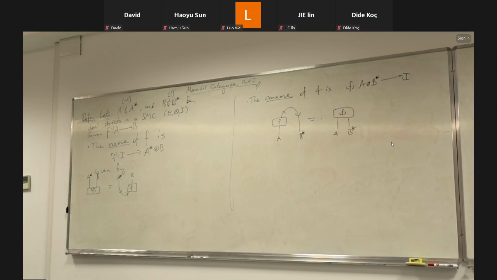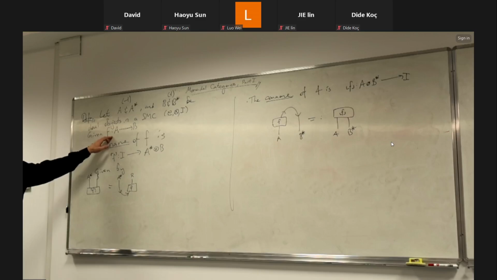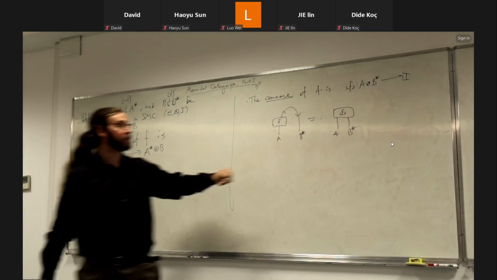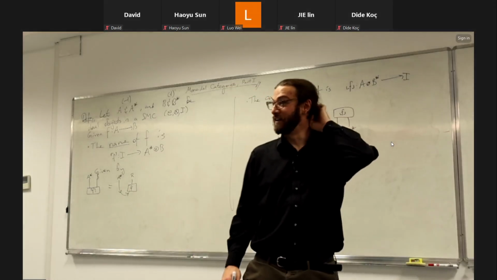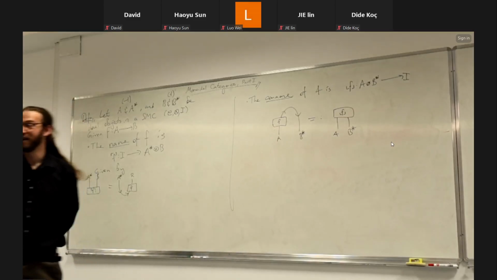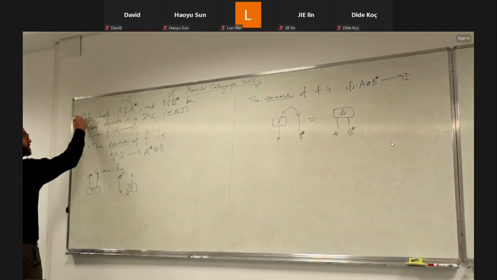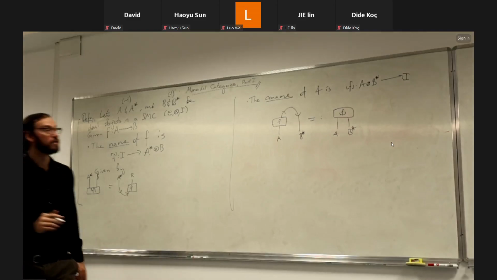Now, it's worth noting here that the name of F uniquely determines F, and the coname of F uniquely determines F. Can anybody suggest a string diagrammatic reason why? Yes?